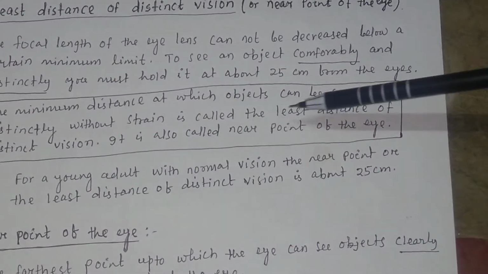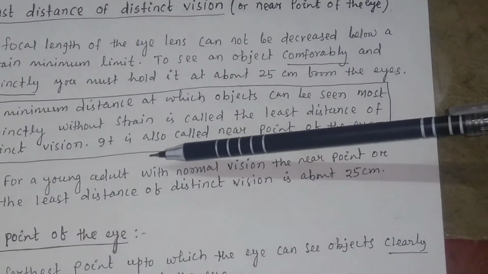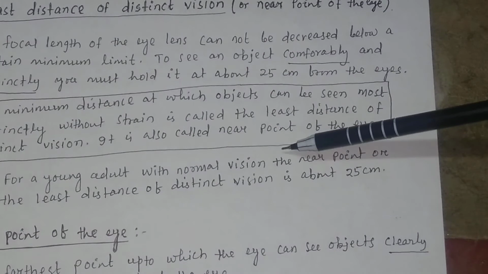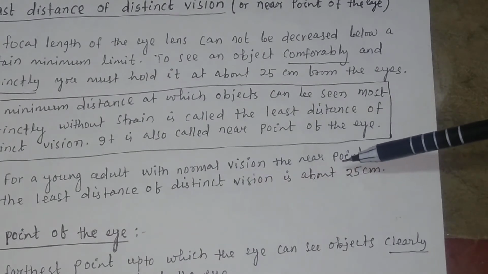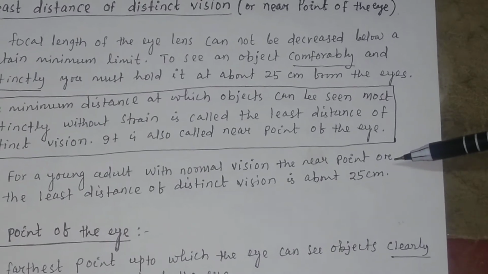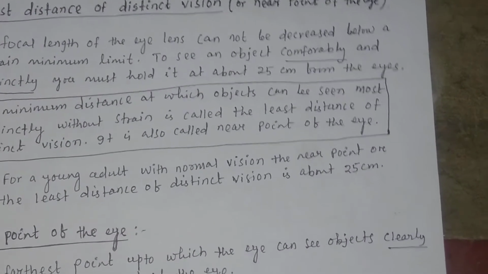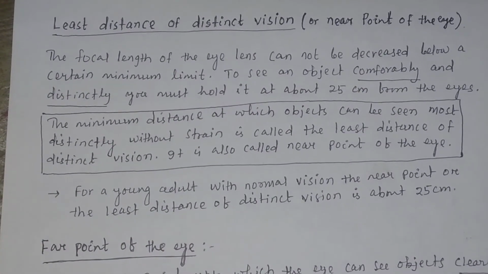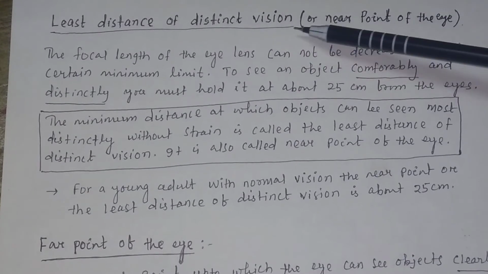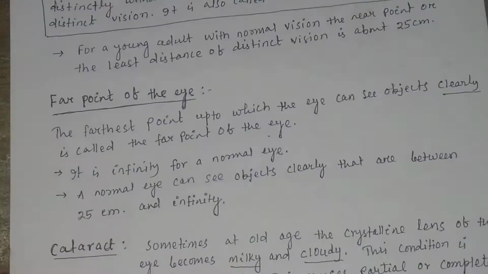It is also called the near point of the eye. For a young adult with normal vision, the near point is about 25 centimeter. So if you place an object at 25 centimeter from the eye, you can see it clearly.